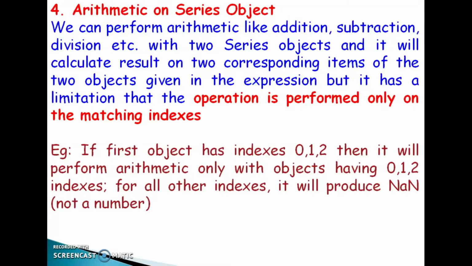Otherwise, it will produce the NaN value, that is not a number value. If the first object has indexes 0, 1, 2, then it will perform arithmetic only with objects having 0, 1, 2 indexes. For all other indexes, it will produce NaN, not a number.